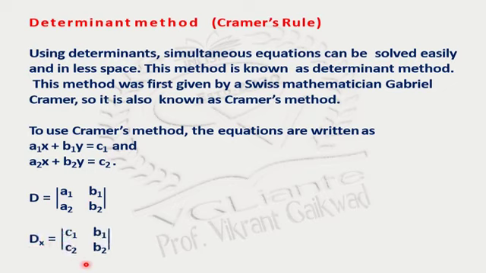Determinant of x, Dx, has c1, b1, c2, b2. Determinant of y, Dy, has a1, c1, a2, c2. Now you'll find the value of x with the help of these determinants. So x is given as Dx upon D, and y is Dy upon D.